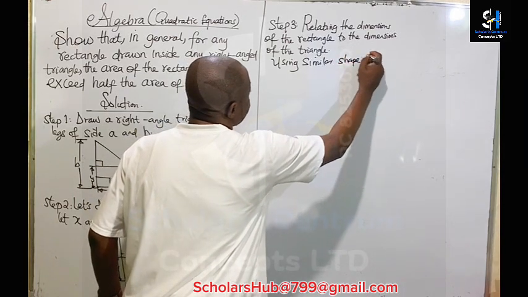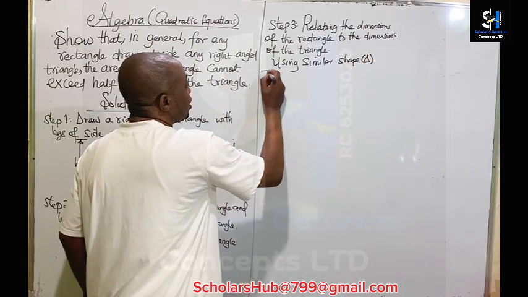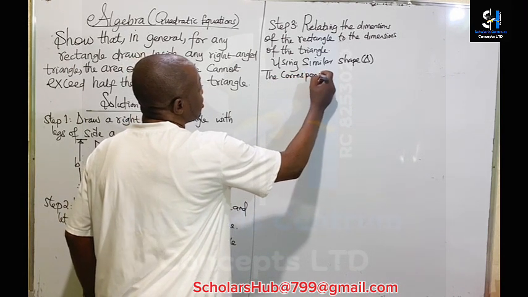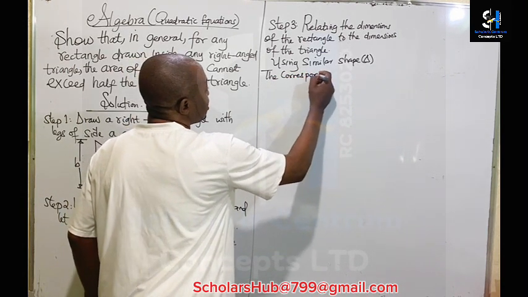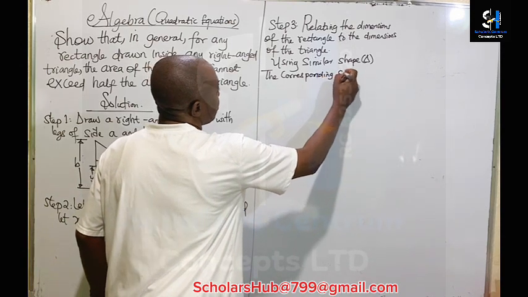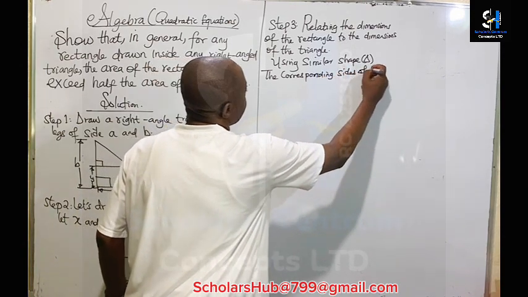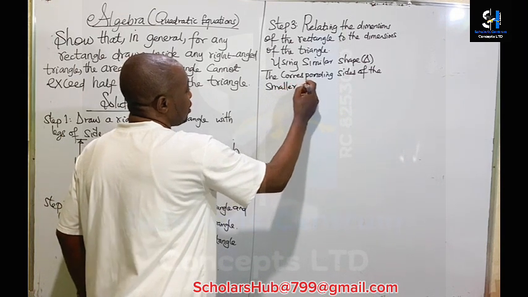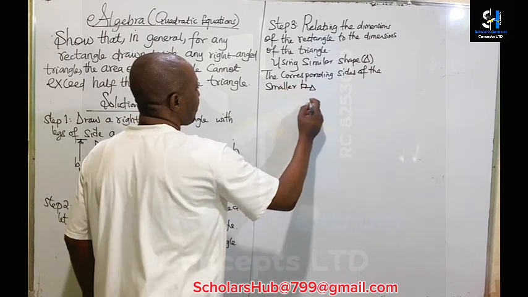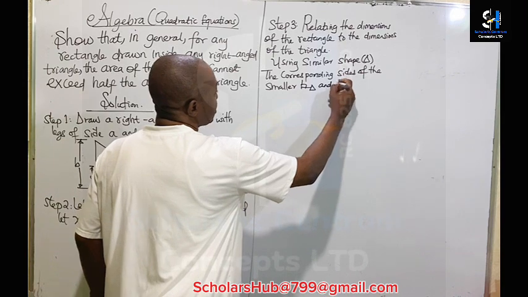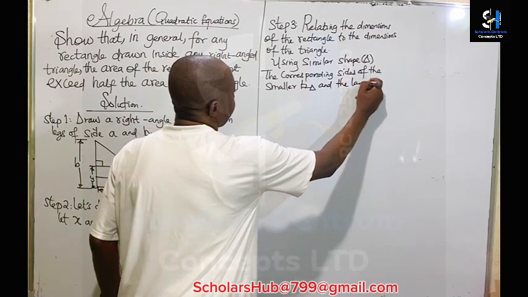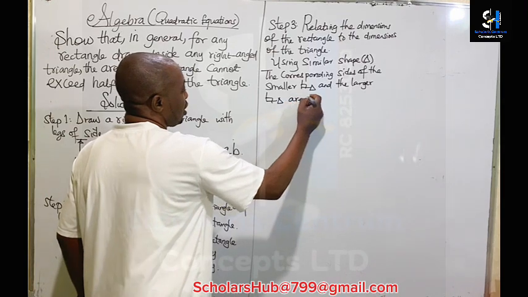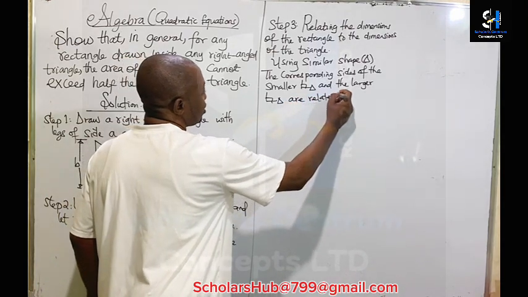In this case, the shape is a triangle. The corresponding sides of the smaller right angle triangle and the larger right angle triangle are related.